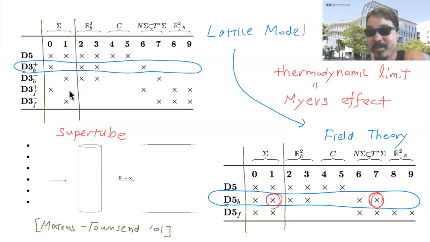And our understanding is that if you take close to the thermodynamic limit, but with a finite number of D3 branes, that's a situation where you have the finite radius supertube. So the connection to the supertube holds at finite radius, and in a sense, the radius itself is like an RG parameter when you flow from the lattice model to the integrable quantum field theory. That's the picture.